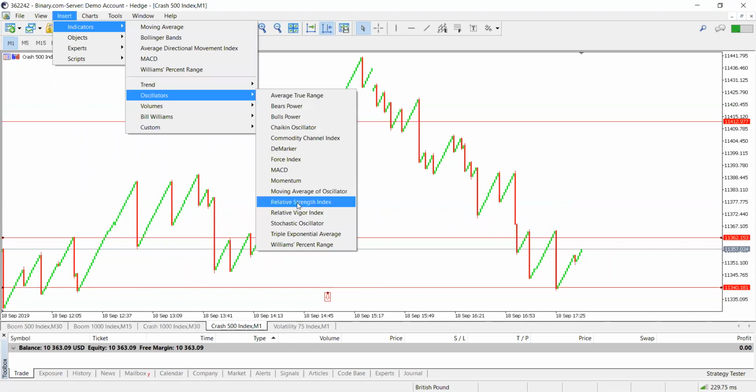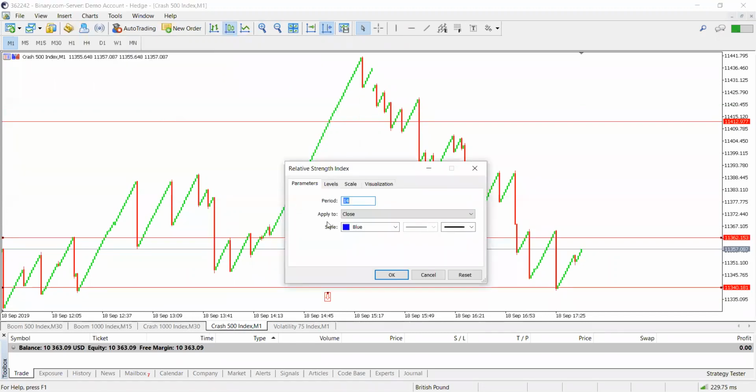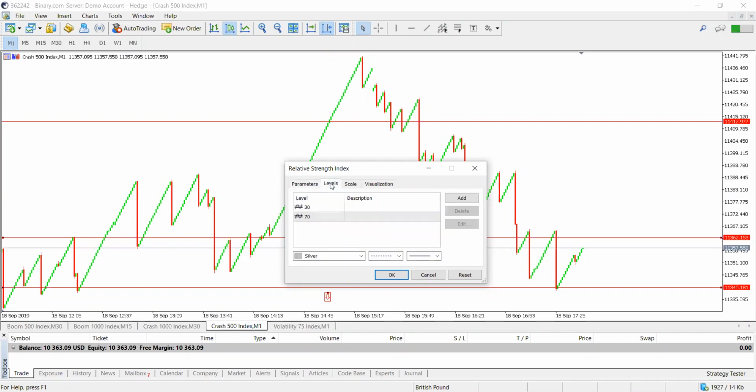Let's use RSI. RSI somehow still is a very reliable indicator when it comes to overbought and oversold. RSI period 10 starts with that one. Levels 10.